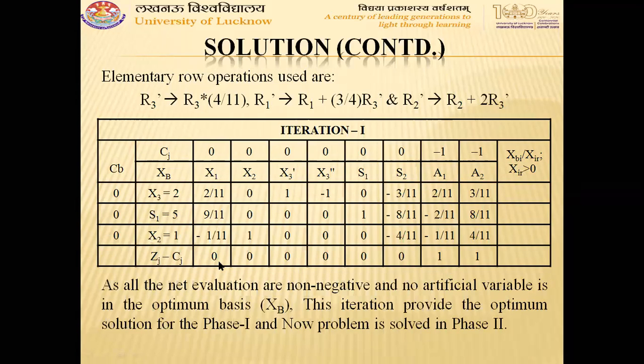Then we calculate net evaluations, and we can see that all net evaluations are either 0 or positive. So all the net evaluations are non-negative, and no artificial variable occurs in the optimum basis. Therefore, it is an optimum solution for phase 1, and the problem will be moved to phase 2.